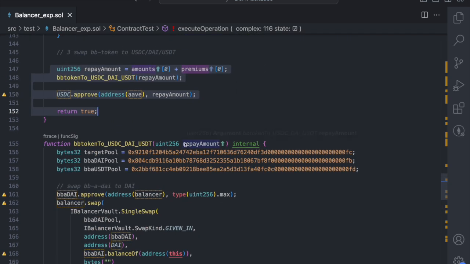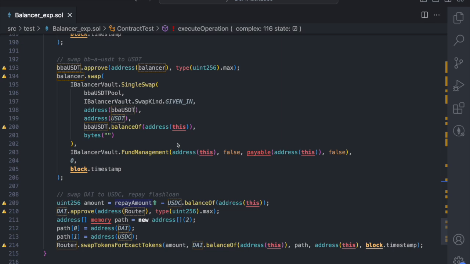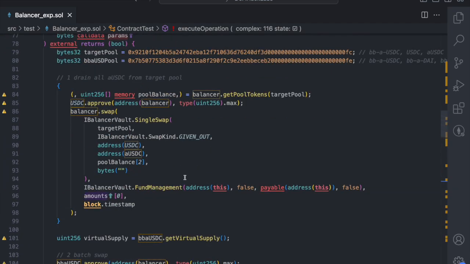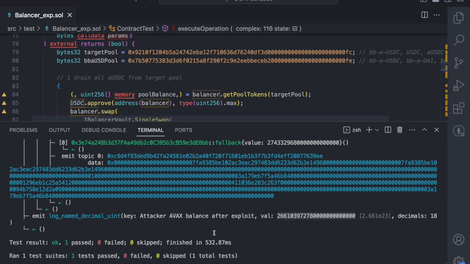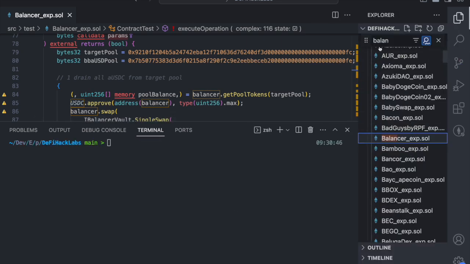So that is the flow of this attack, and you should definitely go into this and understand it a bit more. But let's just run this from our terminal just to take a look at what's happening. So I think it said, let's go to the README for just a second.